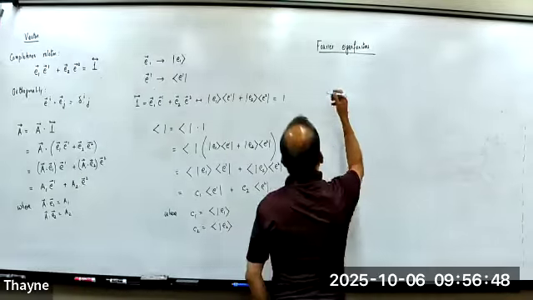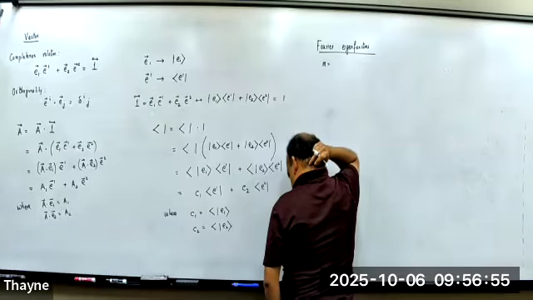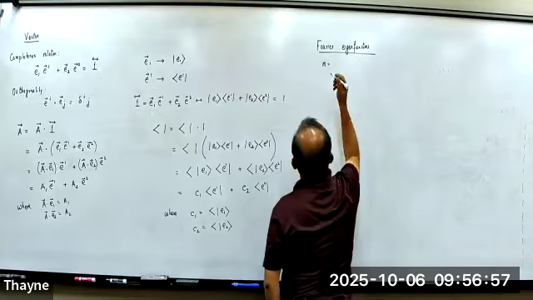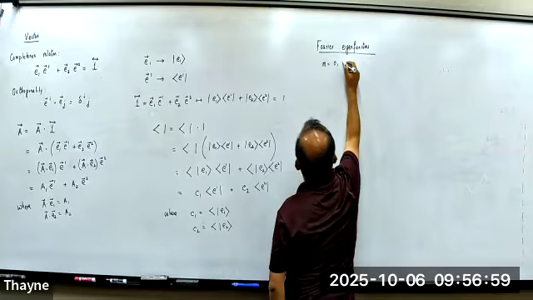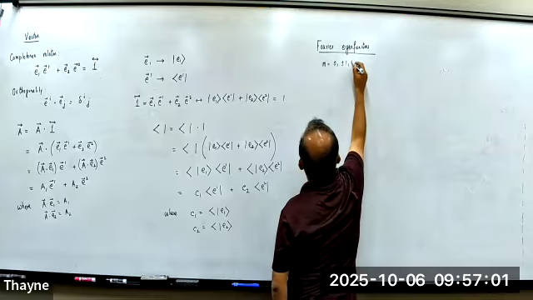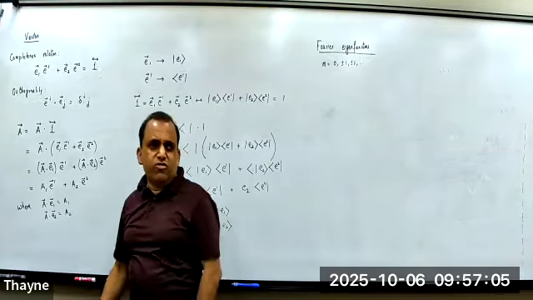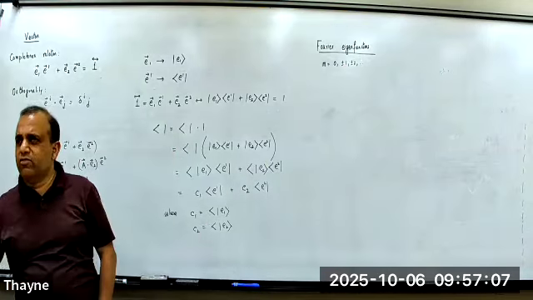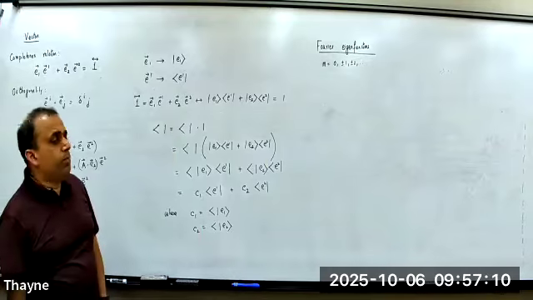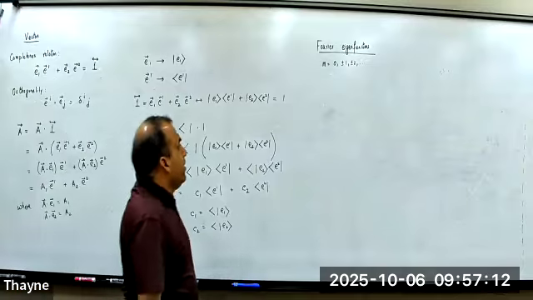So let's say m is going to be equal to 0, plus or minus 1, plus or minus 2, and so on. So basically they are integers all the way running from minus infinity to plus infinity.